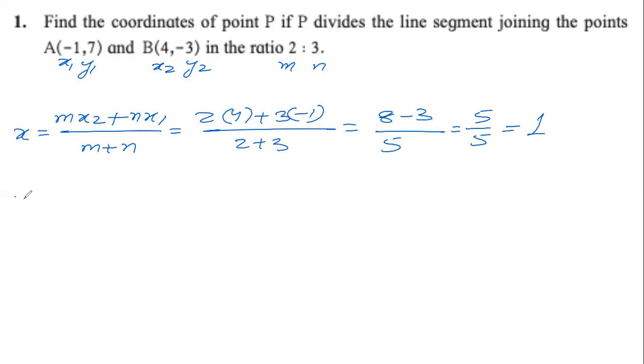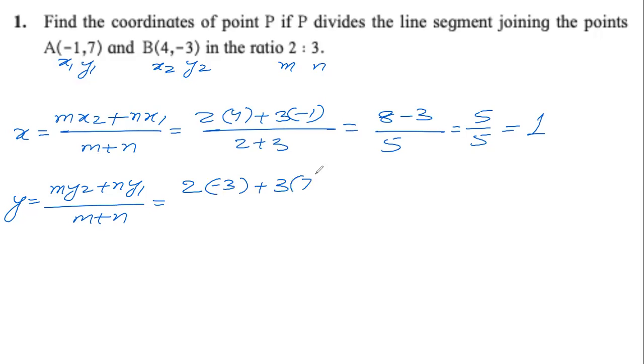Now the second coordinate, that is y. Now my2 plus ny1 by m plus n. Chanda, once again got the formula wrong. So this will become 2 into minus 3 plus 3 into 7, over 2 plus 3. 2 into minus 3 is minus 6. 3 into 7 is 21.